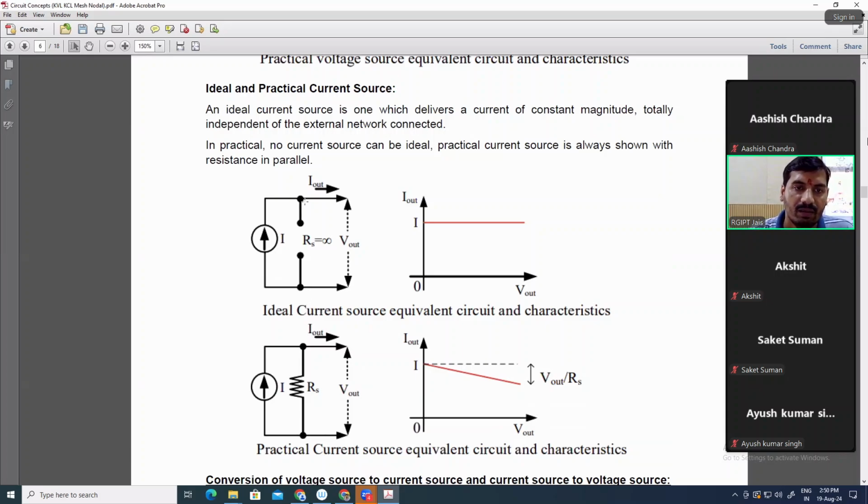Here the source resistance is infinite for ideal current sources. Why are they infinite? Can anyone tell? Why, in the equivalent circuit of an ideal current source, must the source resistance be infinite?